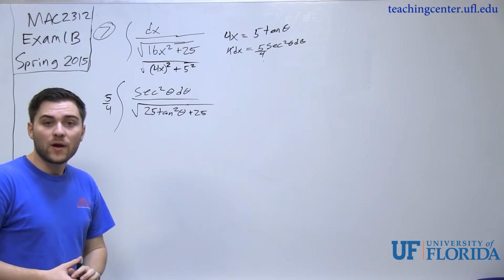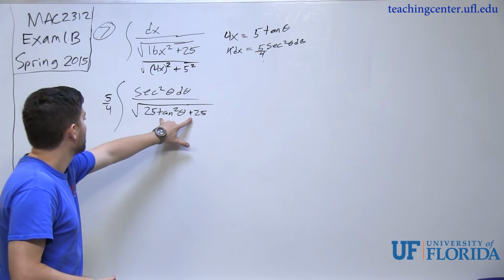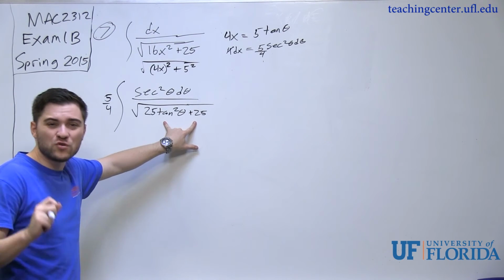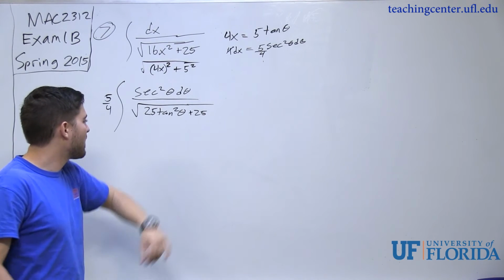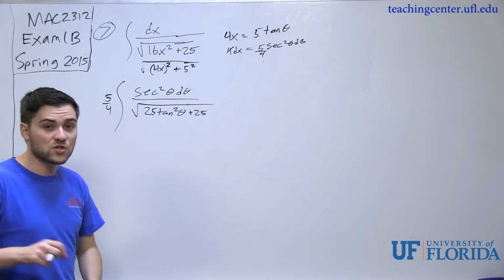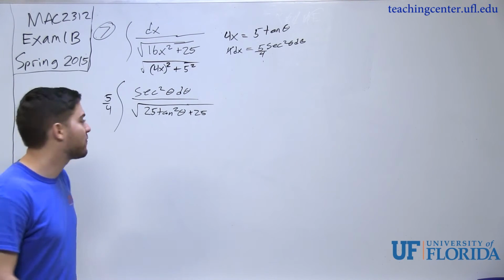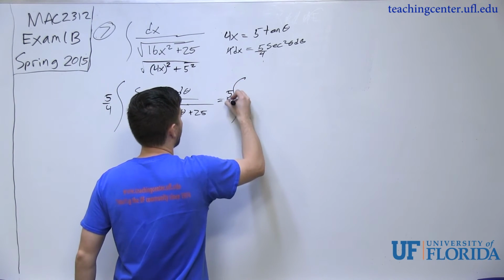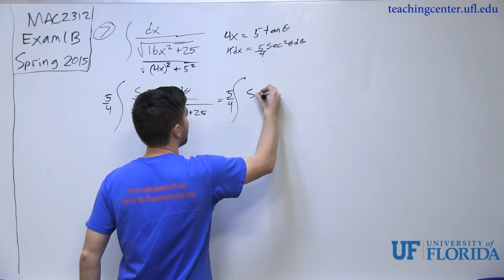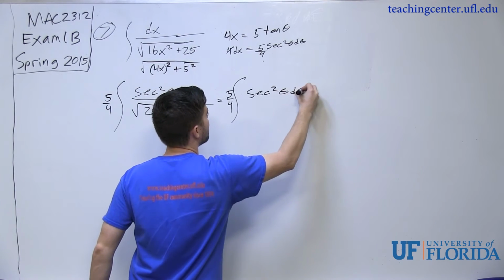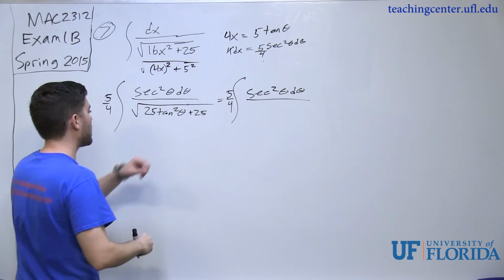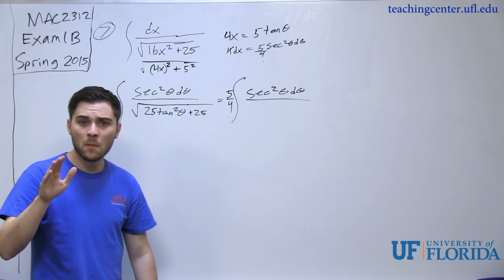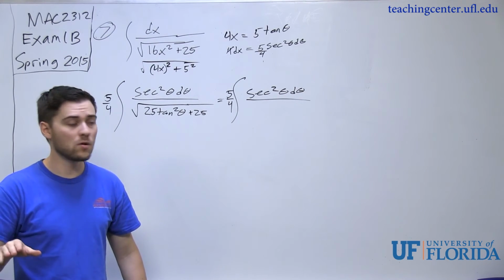So now, when I go through, try to solve this, remember I'm trying to reduce it down. So I have 25 tan squared theta plus 25. So I can pull out a 25 for both of those terms. And I end up with a 5/4 on the outside still. I still have the secant squared theta, d theta term. If I pull out a 25 for both of those terms, I'm left with tan squared theta plus 1.